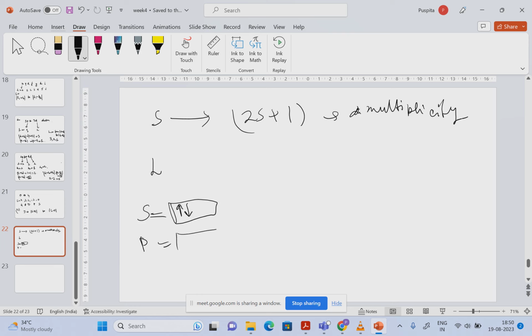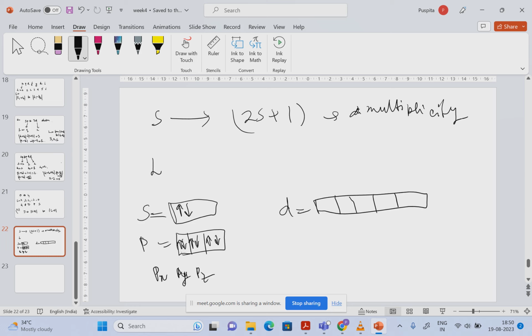For P, this is 3, basically Px, Py, and Pz. For each, only 2 electrons can stay, up and down. So 3 into 2, 6 electrons can stay in the p orbital. For D, there are 5, so a total of 10 electrons can stay.